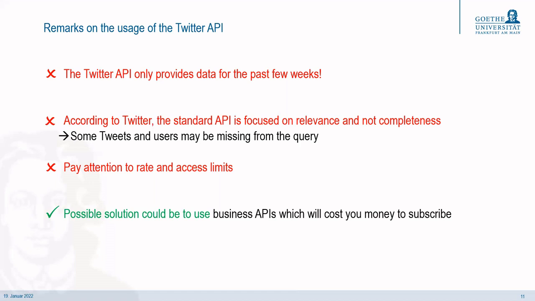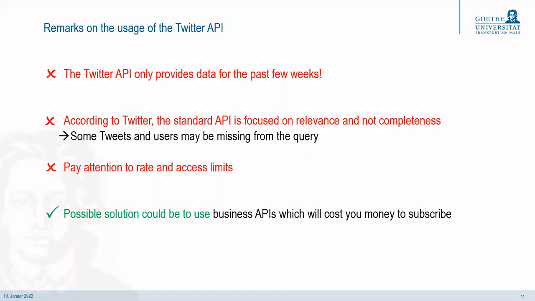When I programmed the example, of course, I tried a lot and requested a lot from the API, but you were only able to request a specific number of tweets within a quarter of an hour. Then often there was an error message, like your rate limit exceeded. So I just needed to wait and try another time. This can be really frustrating, and you need to pay attention to that.